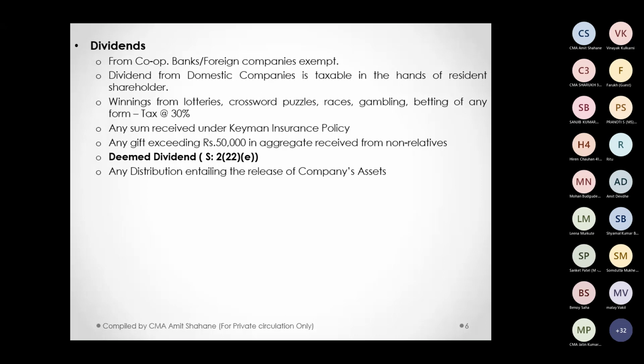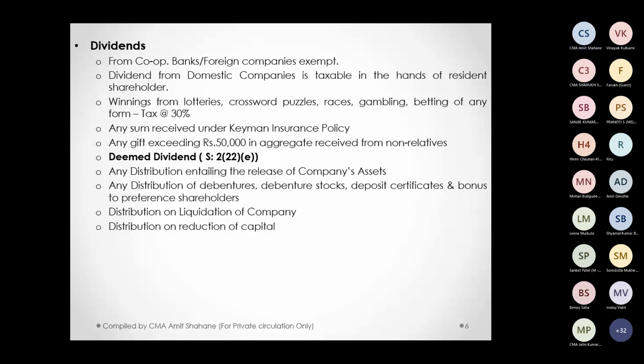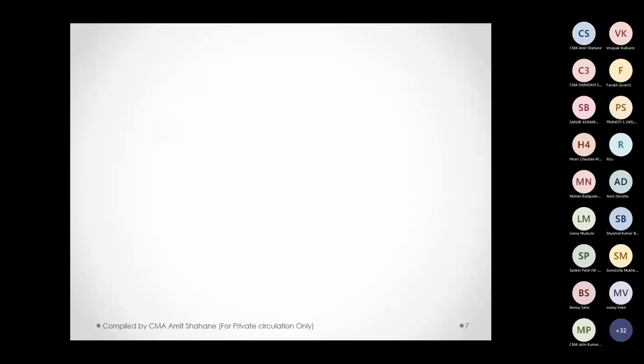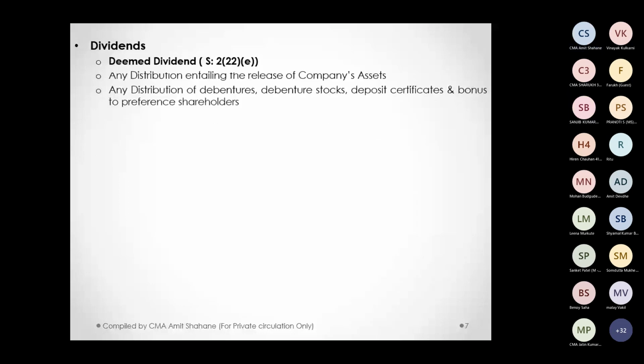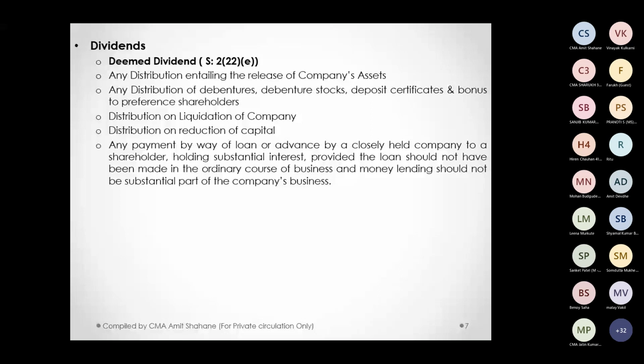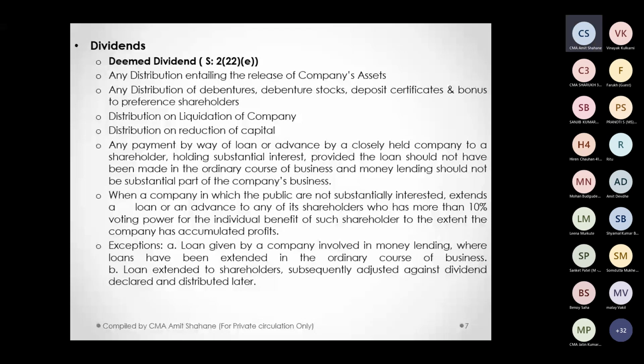Then section 2, sub-section 22, clause (e), that is deemed dividend. Now, what is this deemed dividend, and according to me, why has it lost its importance to some extent, I would say.